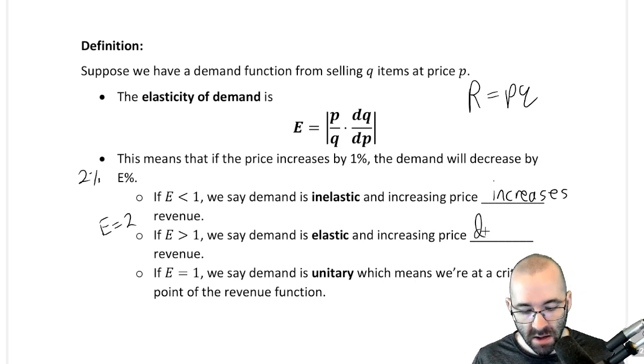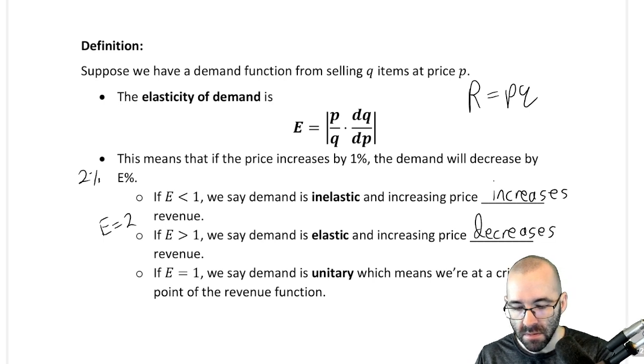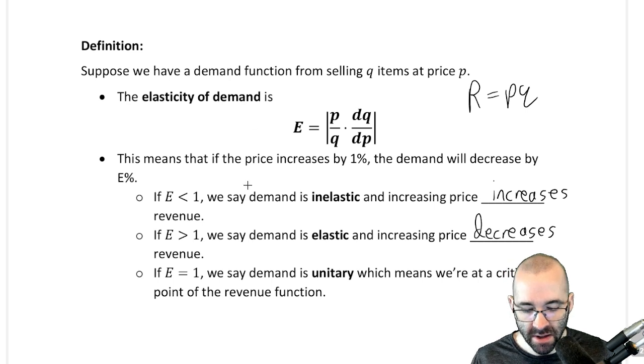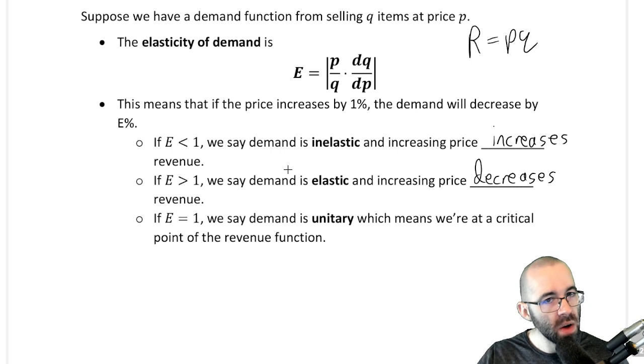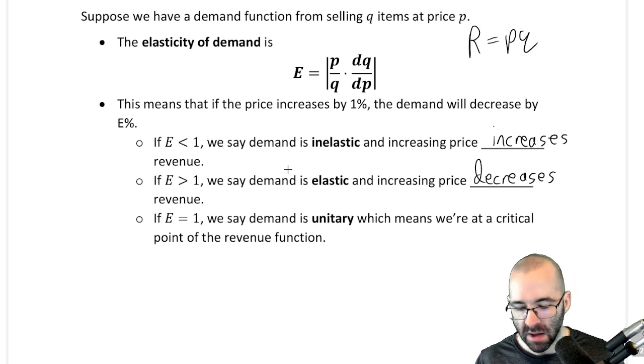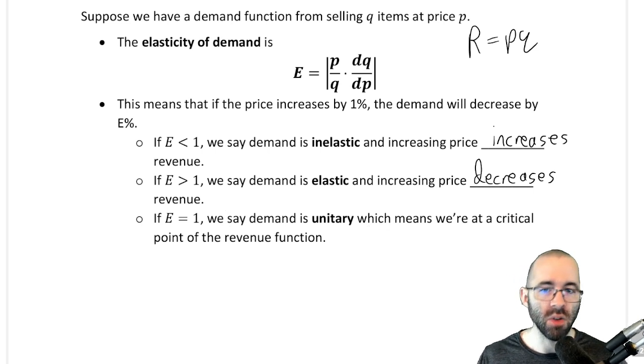It decreases revenue there. So just think about these example letters. And then if E is 1, that means a price increase of 1% means a demand decrease of 1%, which doesn't really do anything. That's going to be a unitary demand. And it essentially means we're at a critical point of the revenue function.